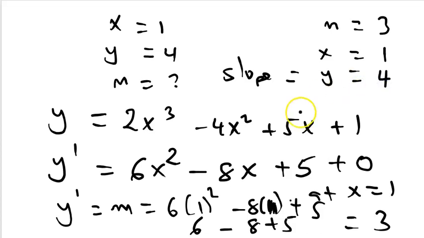So now let us write the equation. The equation of any line can be written as y is equal to mx plus b, or plus c. Sometimes they use different terms there. So remember we have the value for y.